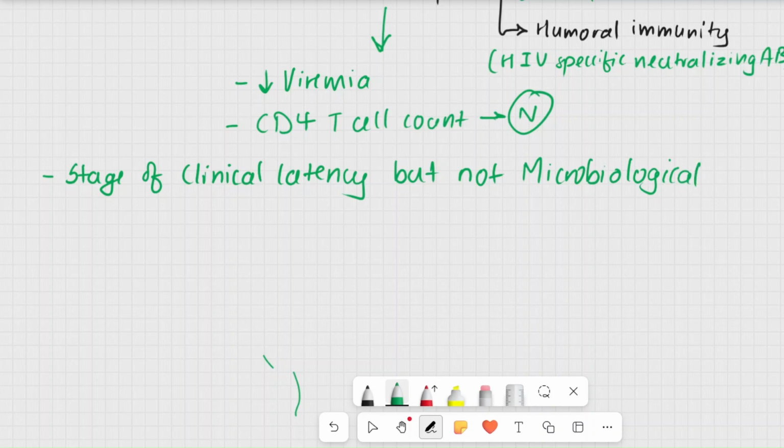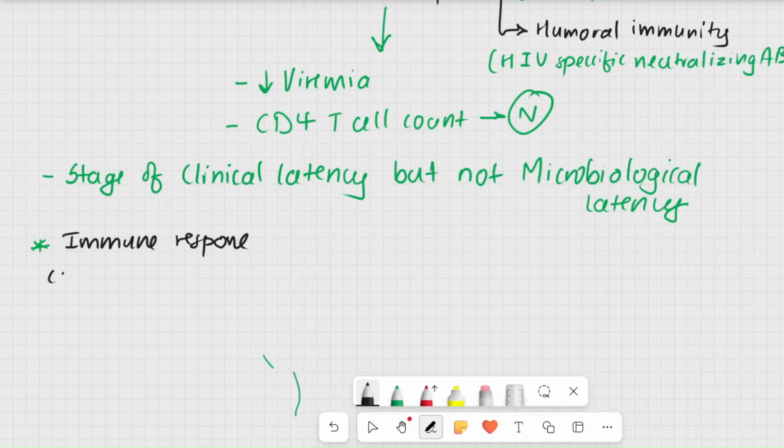The immune response is not capable of completely clearing or destroying the virus. Okay, so now what do we mean by this statement, guys? Clinical latency means that the patient has become asymptomatic but still the patient is having the virus. This means that the immune response that the body has generated over here is not capable of clearing.